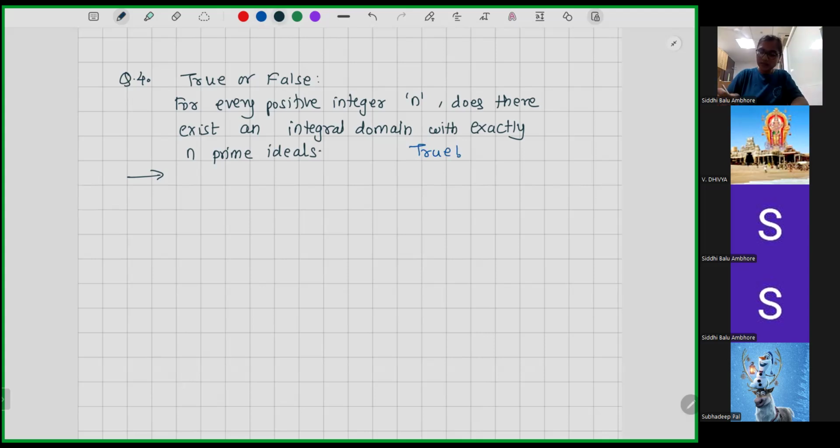So for n is equal to 1, can you give me some integral domain which has exactly one prime ideal?